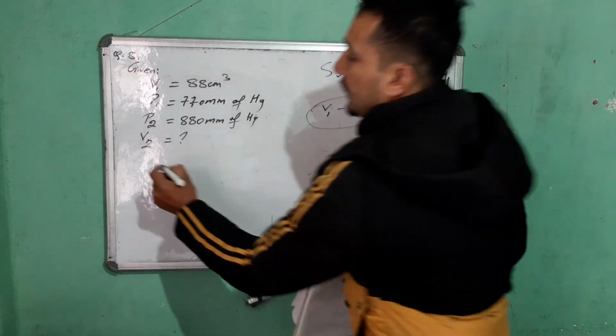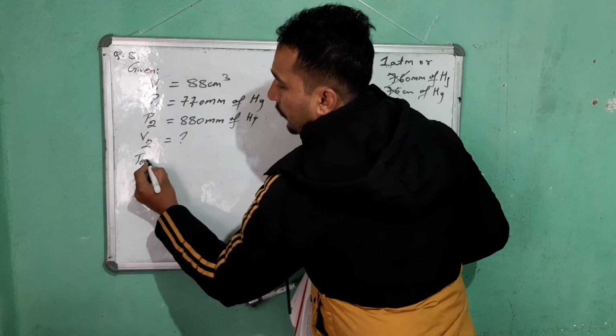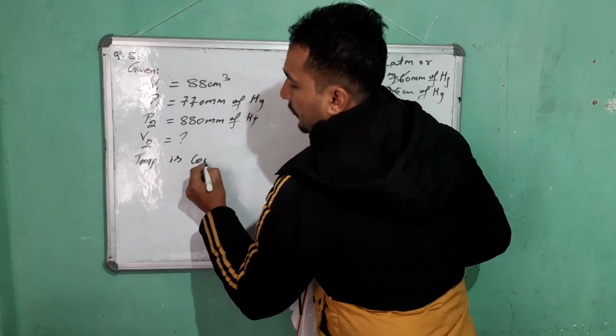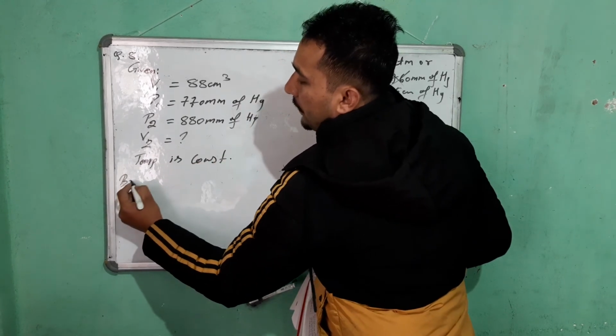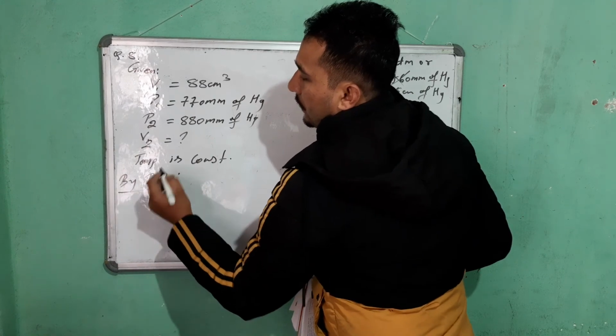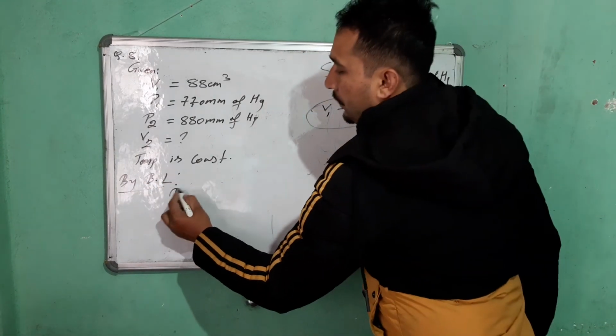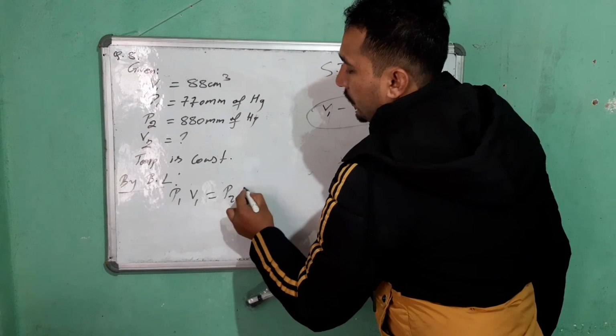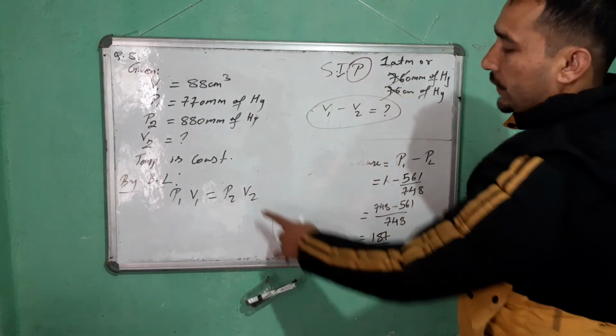Temperature is constant, so use Boyle's law. By Boyle's law, P1 V1 is equals to P2 V2. So using this formula, find V2.